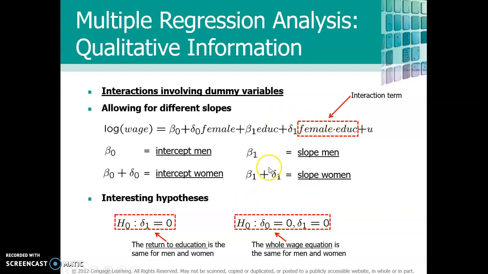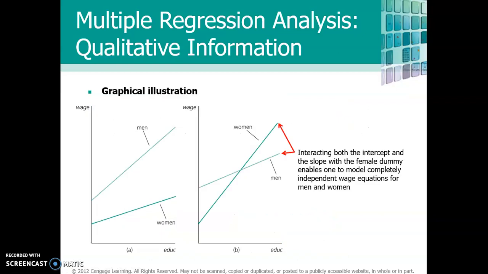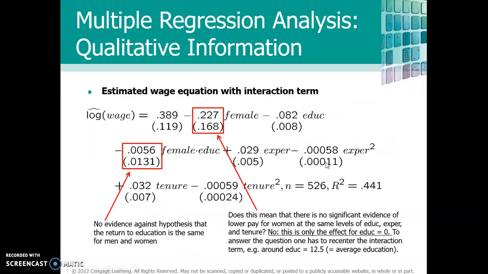You must reread this and try to understand what we are saying. But if both of them are equal to 0, then the wage equation is the same for both men and women. Here is a demonstration using a graph of how that works.